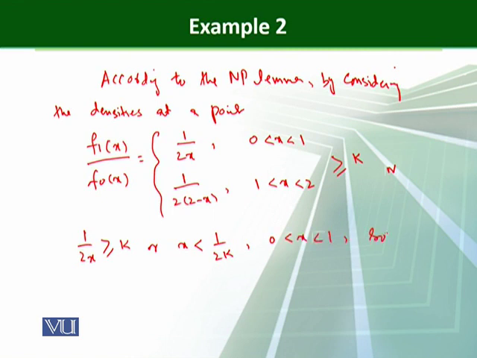So we need the probability of 0 less than x less than or equal to 1 over 2k, and this can be easily found by using the densities, the integral from 0 to 1 over 2k of x dx, and by evaluating this we get 1 over 8k square.